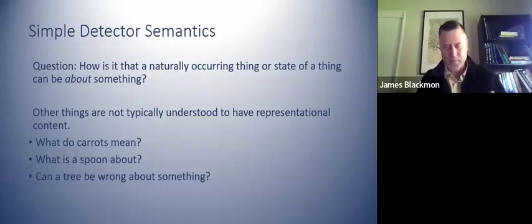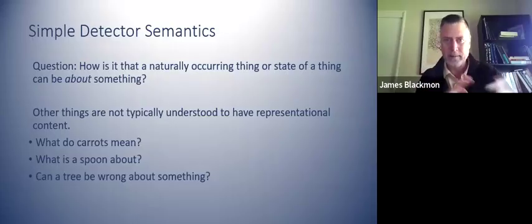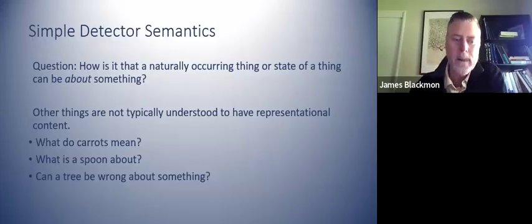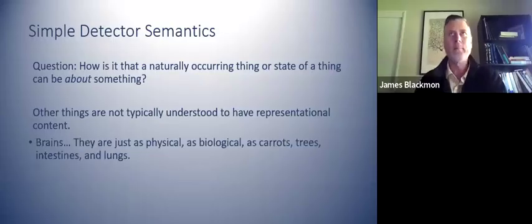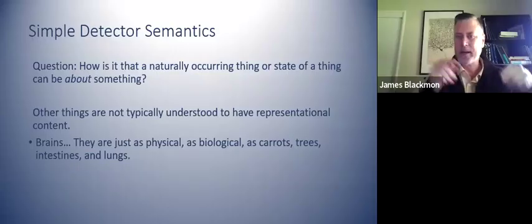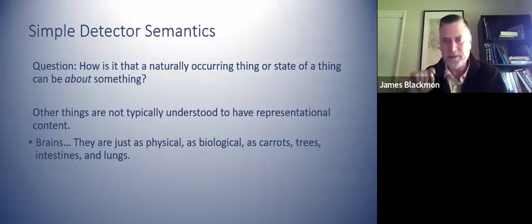You could say there's a mismatch because sometimes the rings don't perfectly match the age, depending on what the weather was like. But we don't say that the rings are false or wrong, right? And representation seems to require the possibility of misrepresentation. So when I say Fido is sleeping, I could be wrong about that. Someone could go, no, he's actually right over there, wide awake.